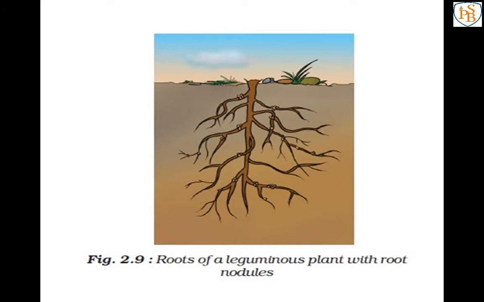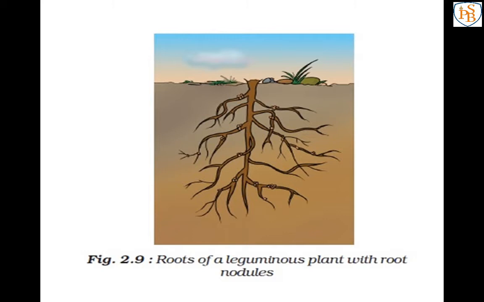Regarding nutrition, rhizobium bacteria cannot make their own food, but they are useful in the fixation of nitrogen. So when the plant requires nitrogen, the rhizobium provides nitrogen to the plant through the roots, and the plant in return gives shelter and food to the rhizobium.